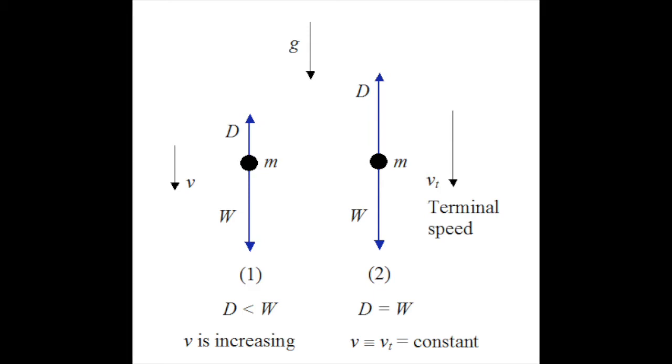Now after a long time has elapsed, the skydiver has reached a certain maximum velocity. And for that maximum velocity, the magnitude of the drag force has become significant enough to be equal to the magnitude of the weight.